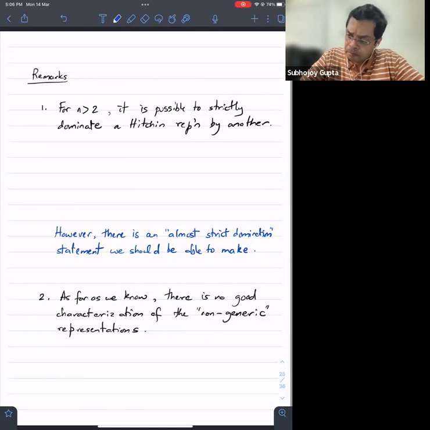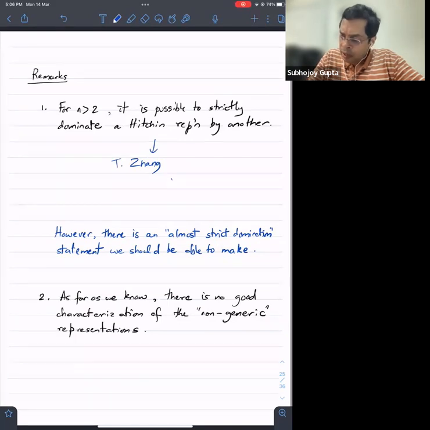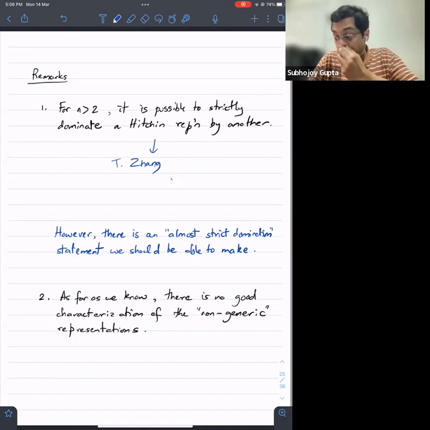This is the work of Pengren Zhang. Anyway, it's also a consequence of the proof of what we do. And our result says generic because we don't know a good characterization of the non-generic representations, just like there was for the n equal to 2 case.